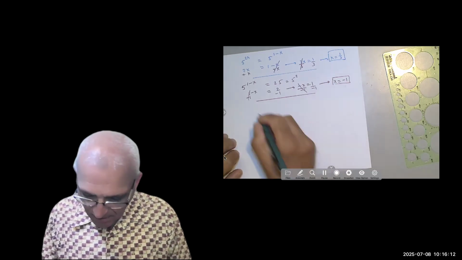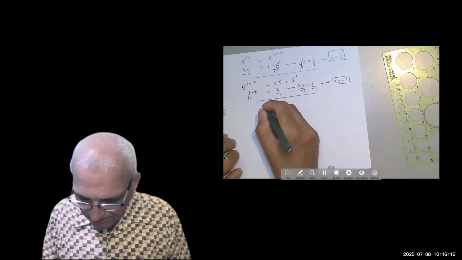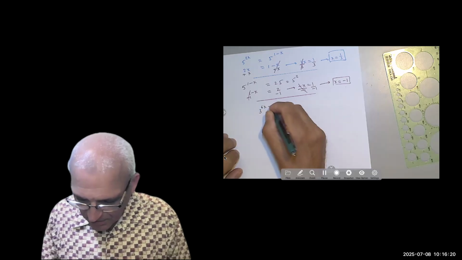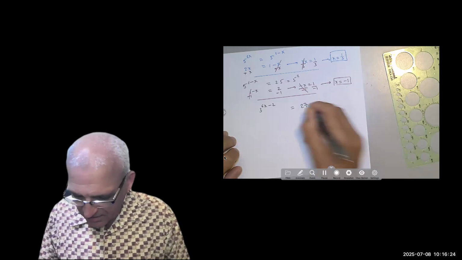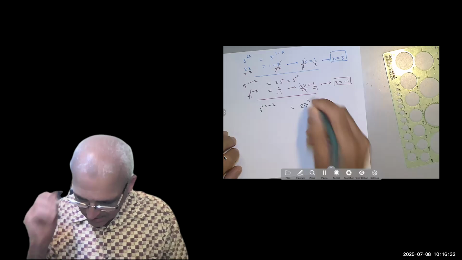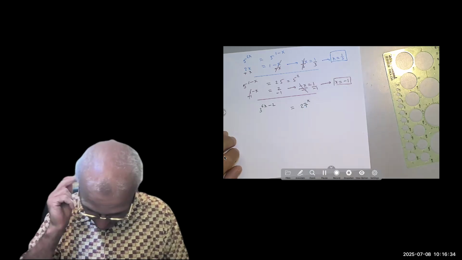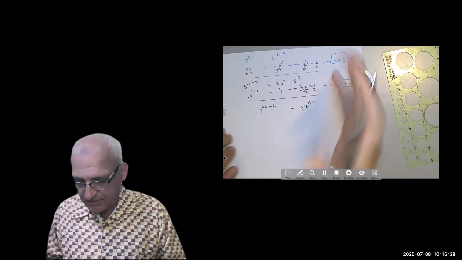Let's take 3 to the 6x minus 2 equals 27 to the x plus 1, whatever.